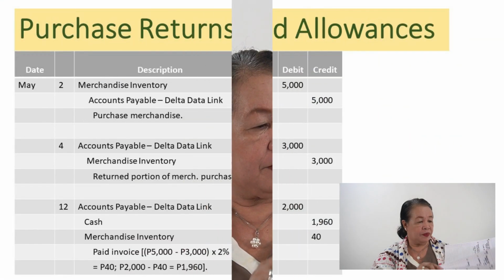Since binalik, so ibalik din po natin yung tinanggal natin sa inventory. Kaya nag-debit tayo ng inventory na 1,600 and then we credit cost of merchandise sold na 1,600. No? So, ganyan po yung pagre-record dito sa libro.